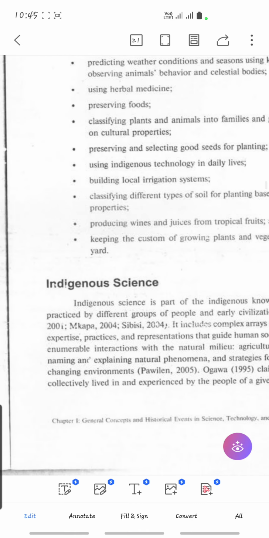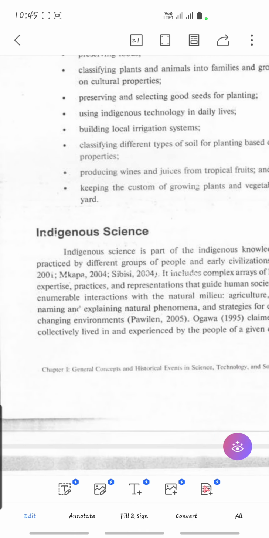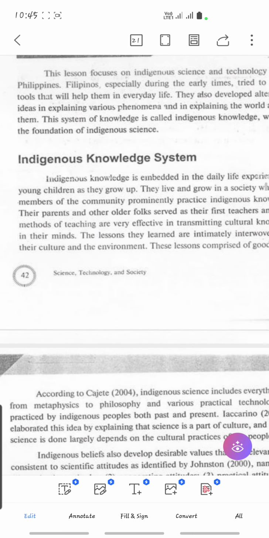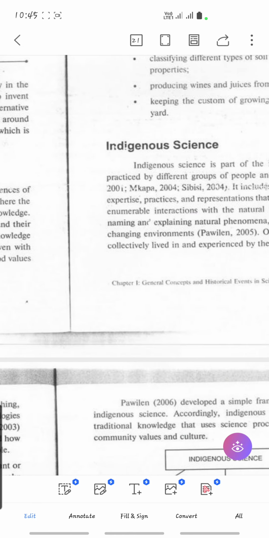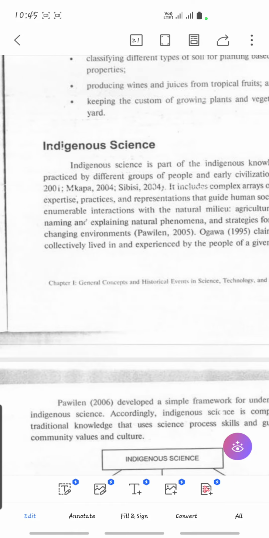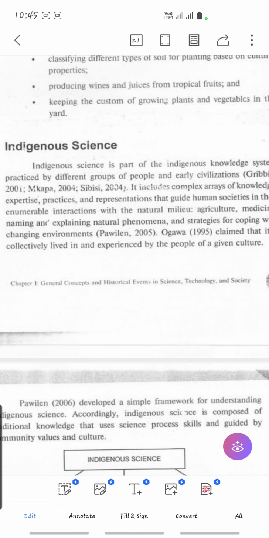So now let's move forward to know what is indigenous science. Okay? So since we already know what is IKS or Indigenous Knowledge System, indigenous science is actually a part of indigenous knowledge system. Why? It is actually practiced by the group of people and early civilization.